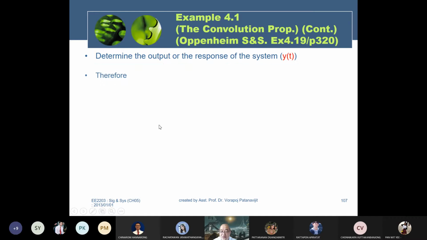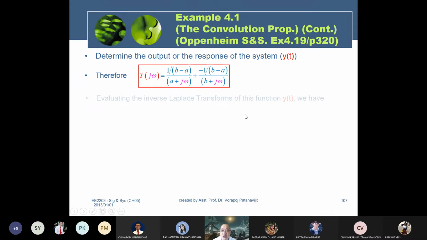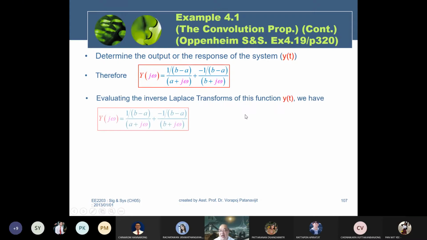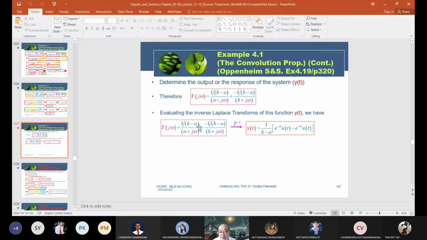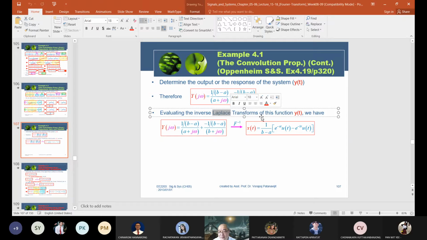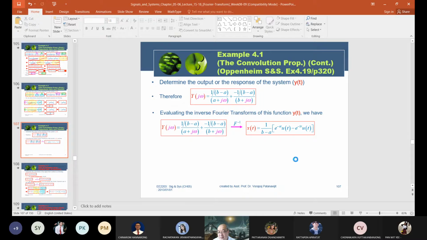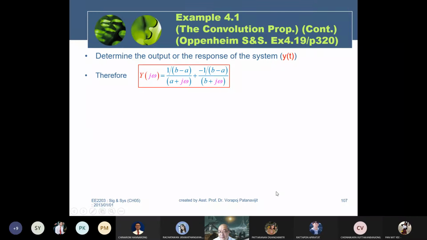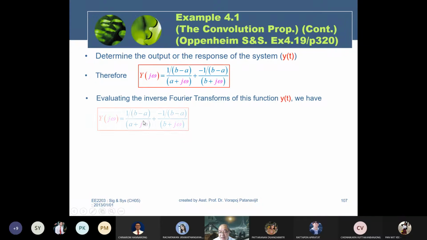After you apply the partial fraction technique and get the result of Y in a simple term, you can evaluate the inverse Fourier transform, by using the table or by integrating by yourself.